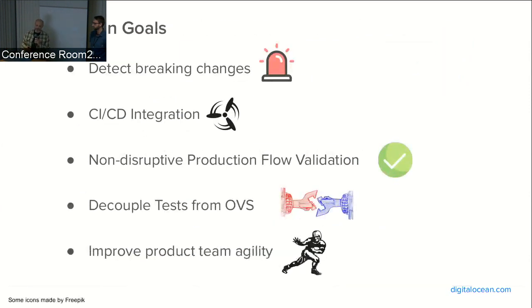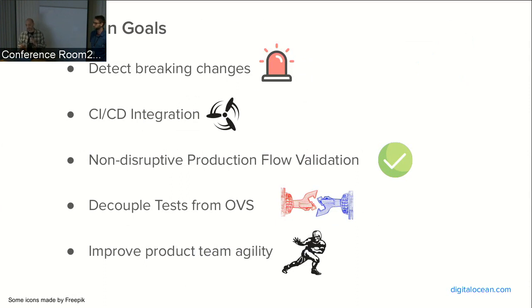So Nick gave you an overview of why we needed the validation framework, primarily to detect breaking changes in our data path as soon as possible, as well as making sure they don't get promoted to production. So to that end, we wanted to make sure that we had CI/CD integration to catch any breaking changes as soon as possible.